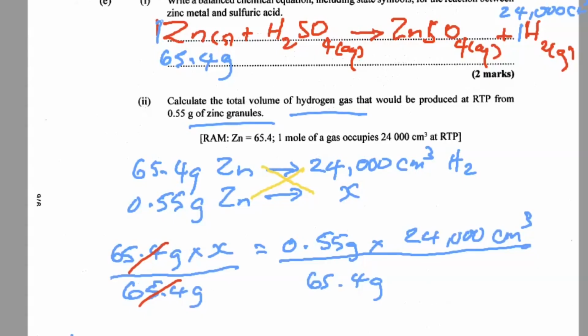So it's a matter of punching into our calculator now, and we write down our value. We would have 0.55 times 24,000, whatever we get divided by 65.4, and that would give us 201.8 cm cube. And that is our answer. That would give us the remaining 3 marks to make it up to 25 marks. And just like that, 25 marks.